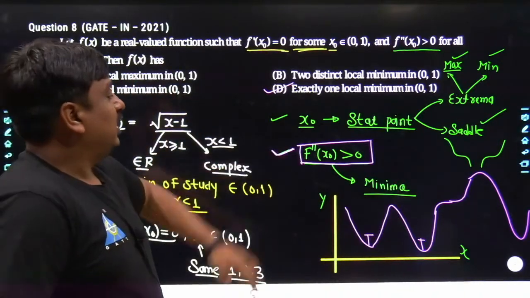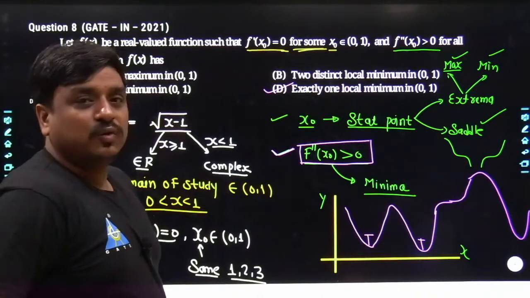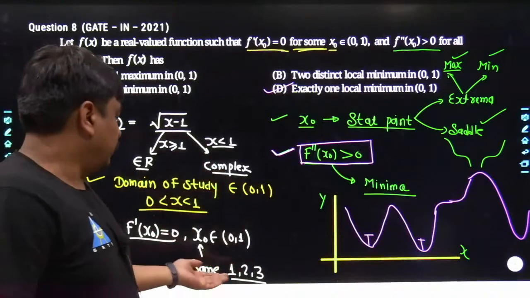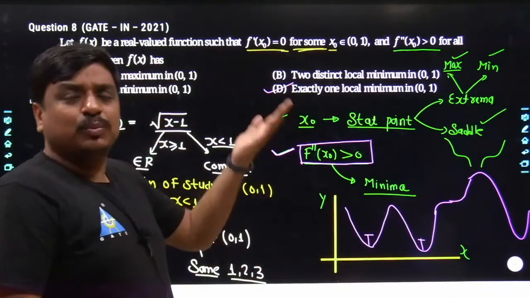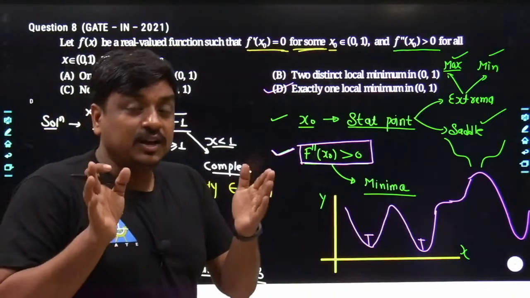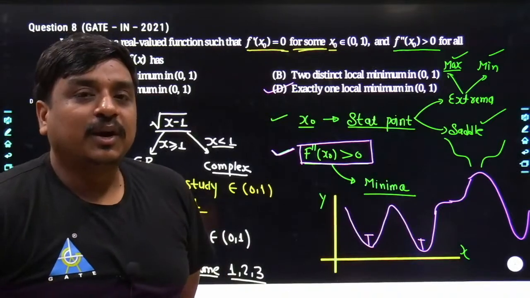It was given that f double dash x naught is always greater than 0 for all possible values of 0, 1. That means all of these stationary points, whether we have one, two or three stationary points in between 0 to 1, they all would be minima only, my dear friends.